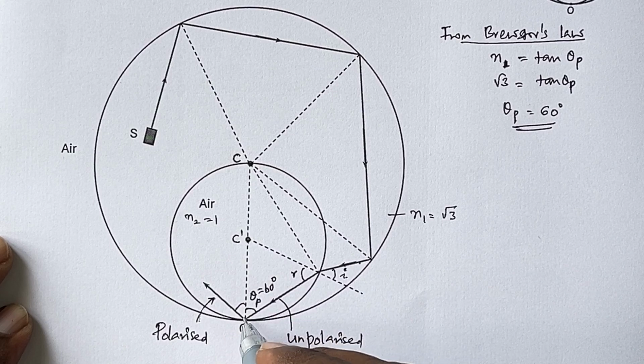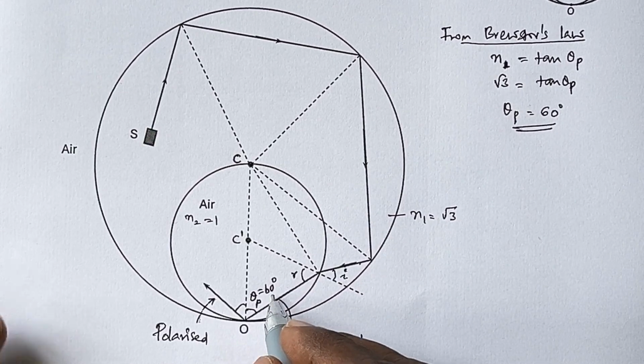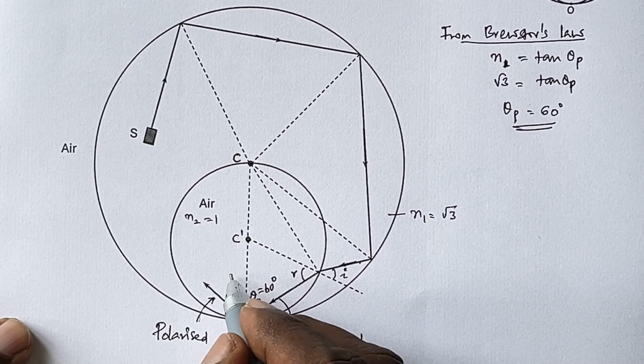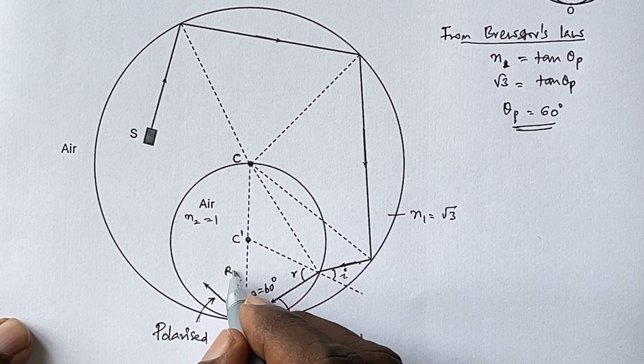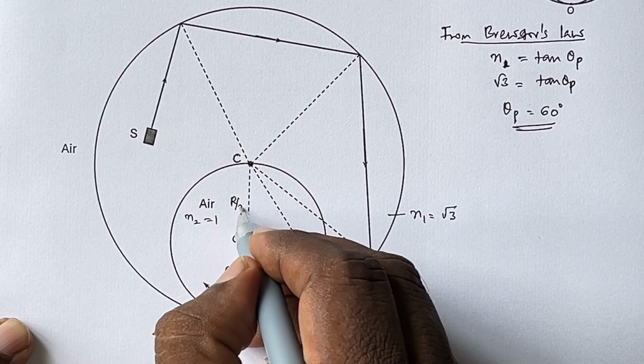Whatever line I draw from the center of the air cavity to the point of incidence of light is the normal. All the angles of incidence, reflection, refraction, whatever they may be, in light we measure from the normal. So from the normal, it is 60 degrees. So this is the radius r by 2. C dash is also r by 2.